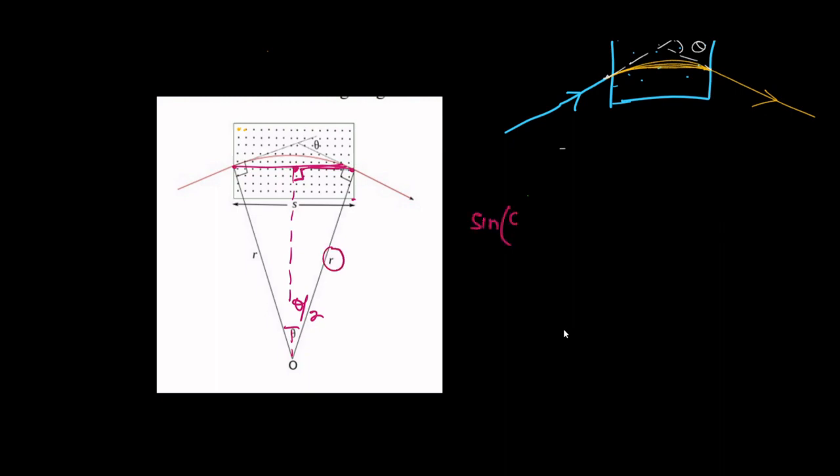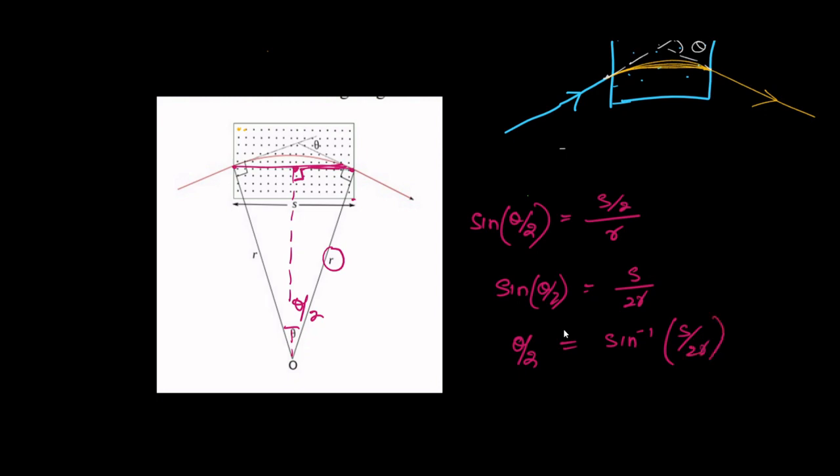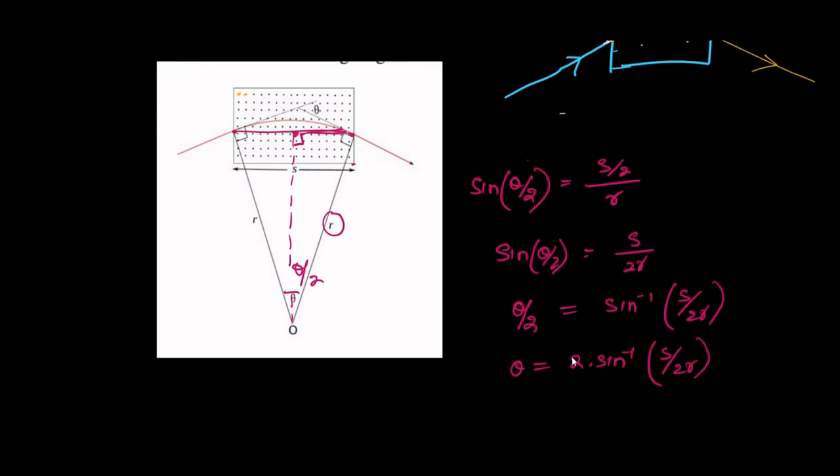So sine theta by 2 is equal to s by 2 over r. So we have sine theta by 2 equals s over 2r. So theta by 2 is equal to sine inverse of s over 2r. So theta is equal to 2 times sine inverse of s over 2r. So this is the angle of deflection. By this angle only deflection is measured.